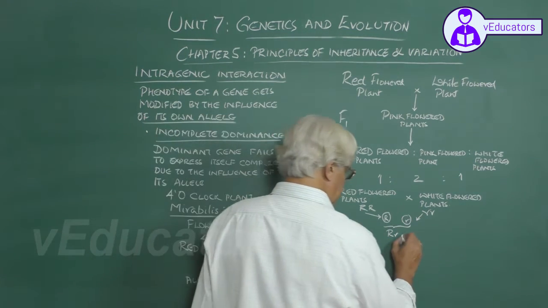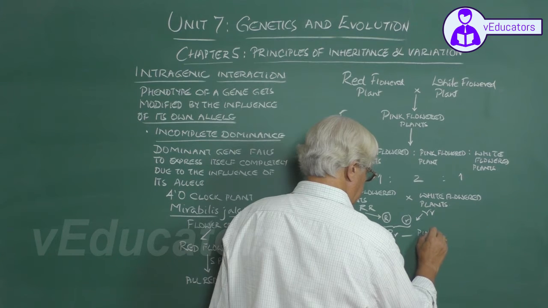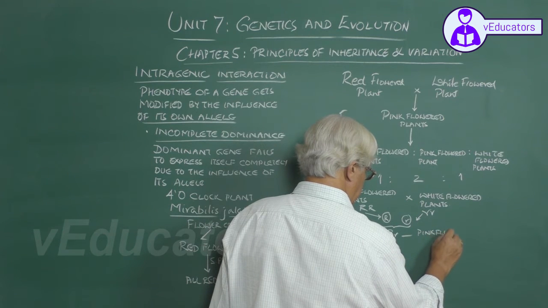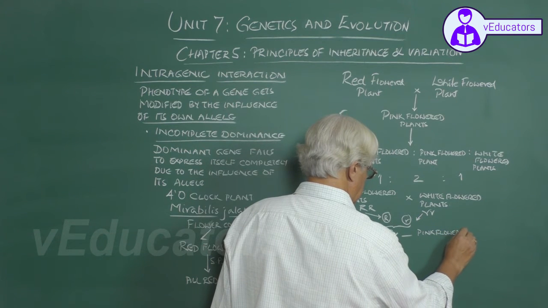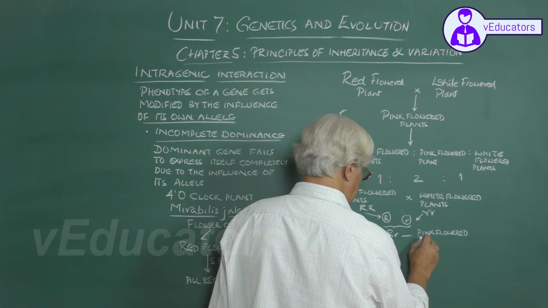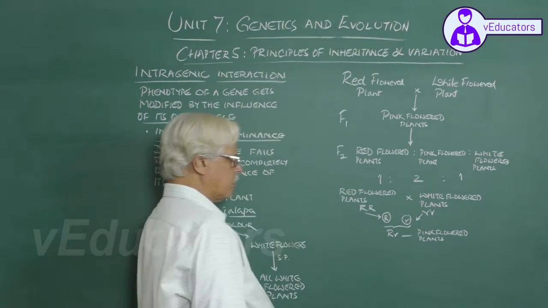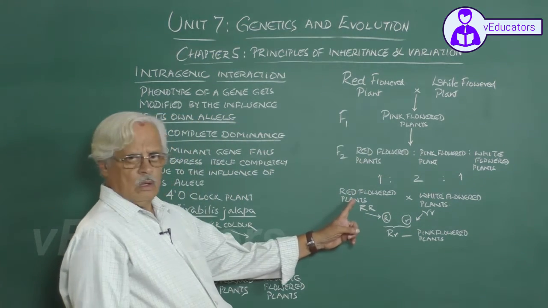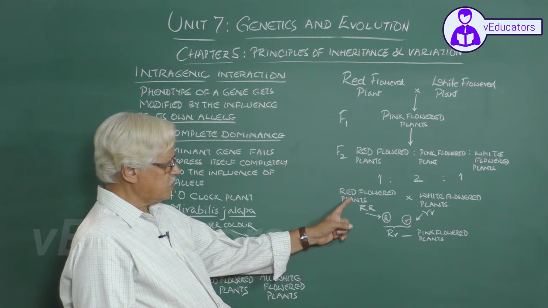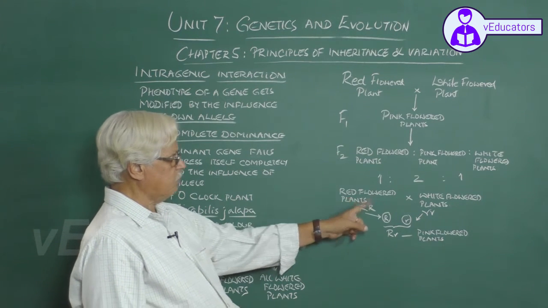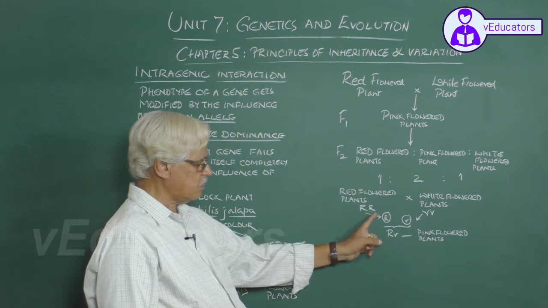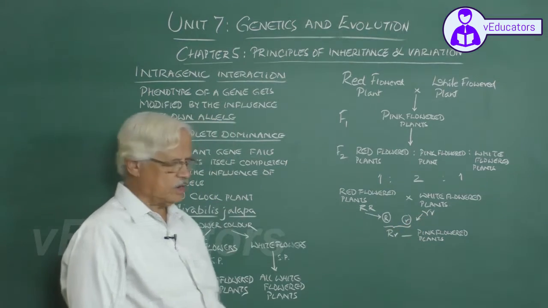But what was the phenotype? The phenotype was pink flowered plants. Assuming that red flowered condition is dominant, we have chosen capital R and small r.